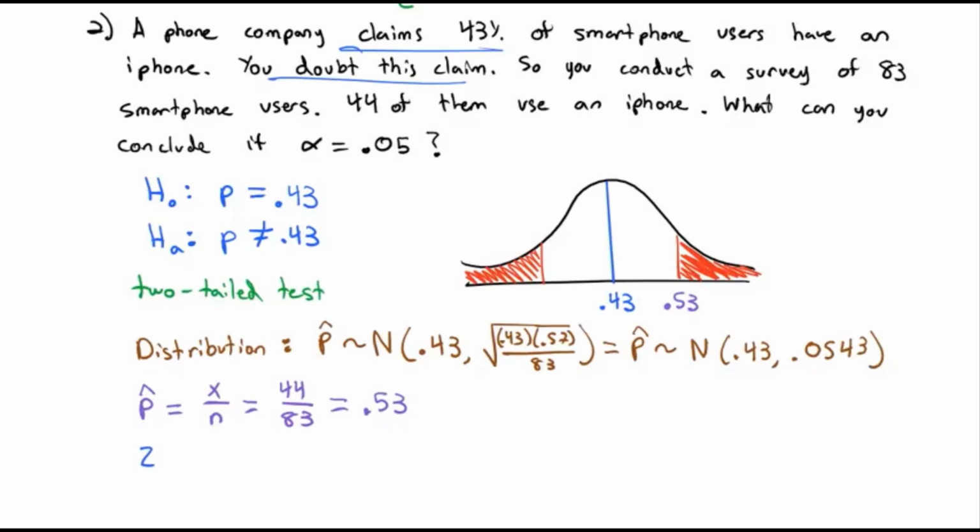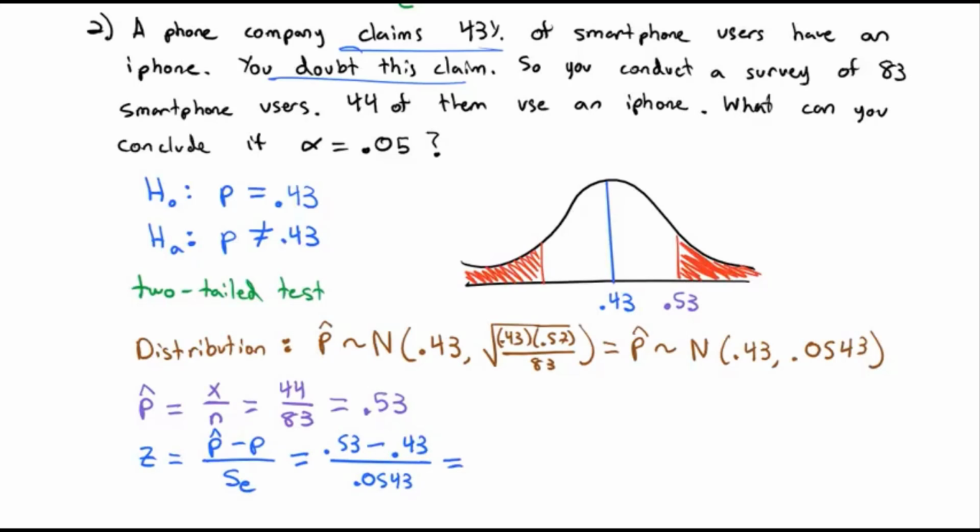Now we're ready to calculate our z value. And z is our sample proportion minus the hypothesized proportion divided by the standard error. So 0.53, the sample, minus the hypothesized 0.43, divided by the standard error of 0.0543.